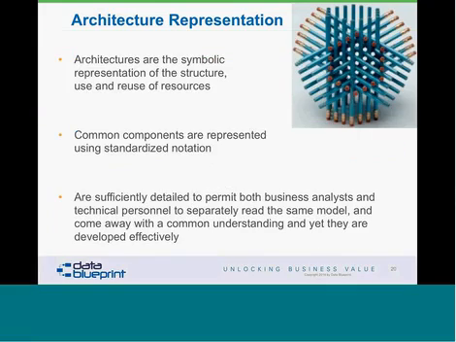The architectures are symbolic in representation, and they also represent the structure, the use, and more importantly, the reuse of resources that we're putting out there. The common components are represented using standard notations, and they're detailed enough to permit both a business analyst and technical personnel to read the same model and come away with a shared understanding of it.